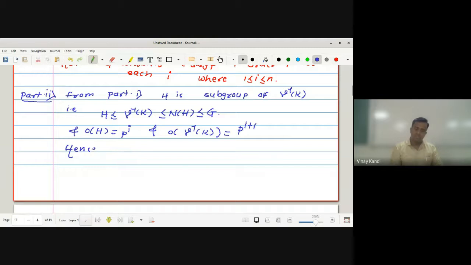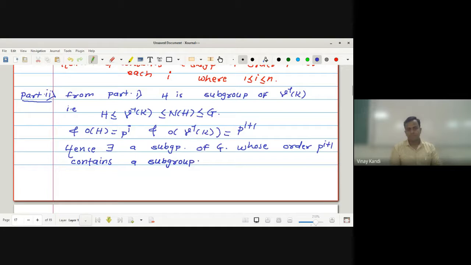Hence, there exists a subgroup of G whose order is P raised to I plus 1 and which contains a subgroup of G whose order is P raised to I. Okay, we proved this one in the previous part.